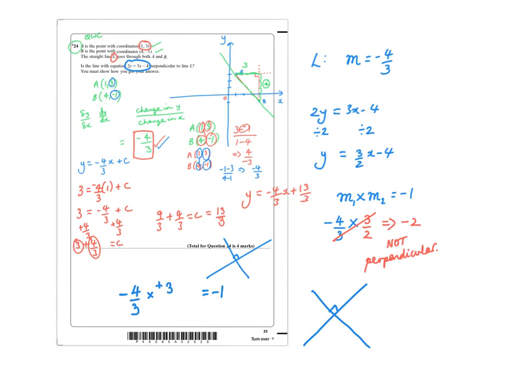Well, it would have to be 3/4. Now, we can see that 3/4 is not what I have here. I had 3/2. So that's another way you can say it would have to have been 3/4 and it wasn't. But personally, I would just times the two gradients together, and if it's not -1, then it's not perpendicular. So that's how I would do that question.